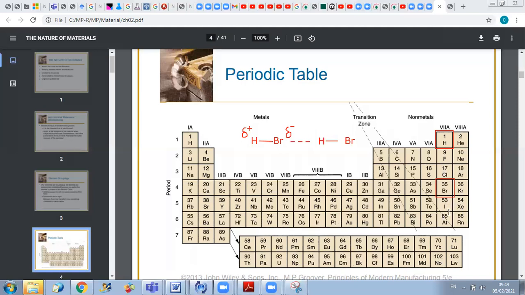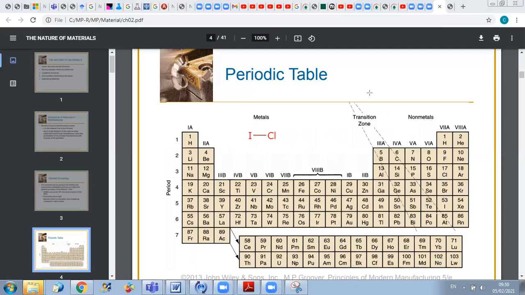If you have I and Cl and you want to represent the dipole form, who will tell me which one will be the positive dipole and which one will be the negative dipole? If I represent the molecule I with a covalent bond to Cl, I should compare the electronegativity of both.